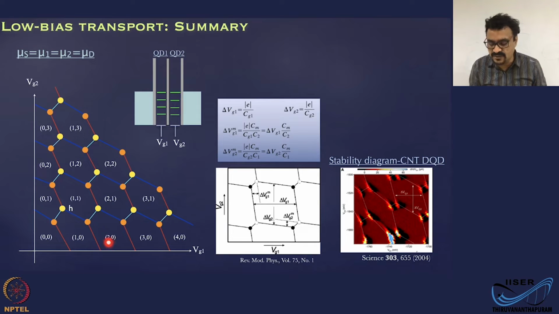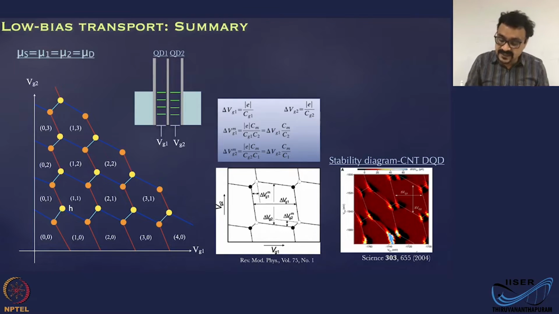We can see 1 0, 2 0, 3 0, 4 0, and so on. And if you go vertically, you have VG2 increasing. That means you are pulling the levels of quantum dot 2, so that dot is going to get filled with electrons in a sequential manner: 0 0, 0 1, 0 2, 0 3, and so on.